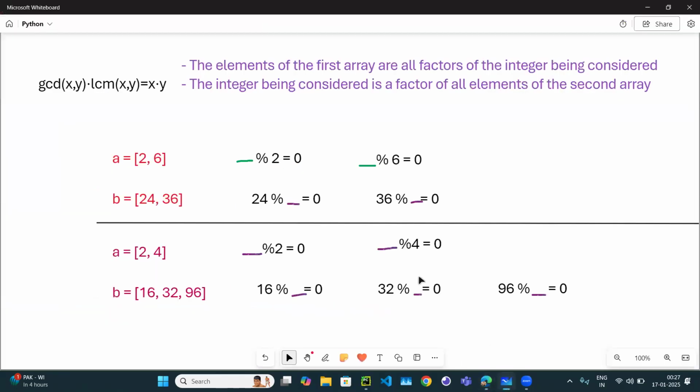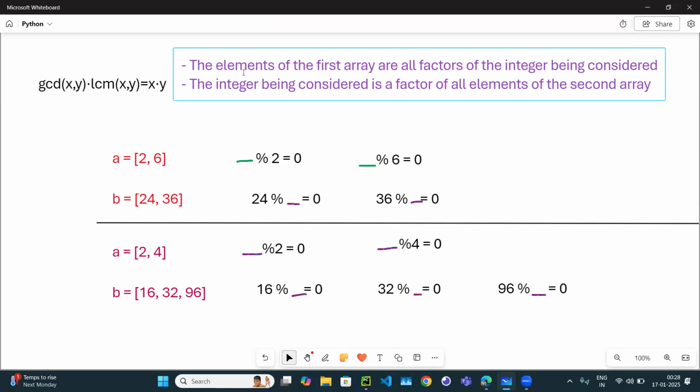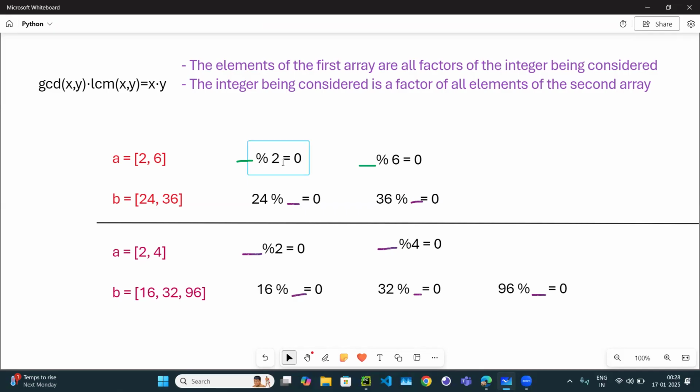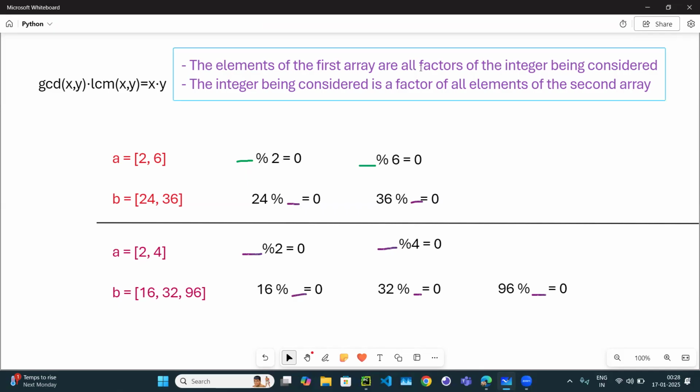So let's go to the whiteboard. When I say factor, if 2 is a factor of some element and 6 is a factor of some element, it means if I divide that element by 2, the remainder is 0, and if I divide it by 6, the remainder is also 0. Then 2 and 6 are called factors. So the question says the elements of the first array, 2 and 6, are all factors.